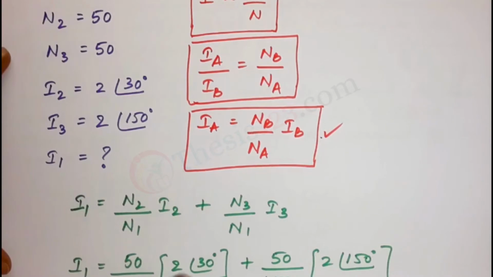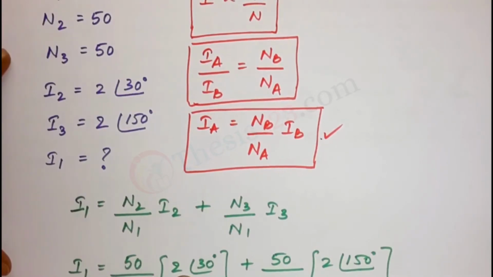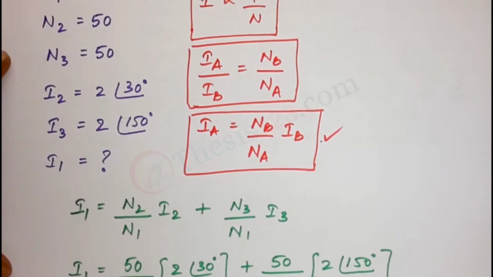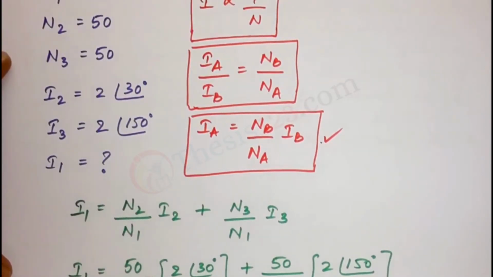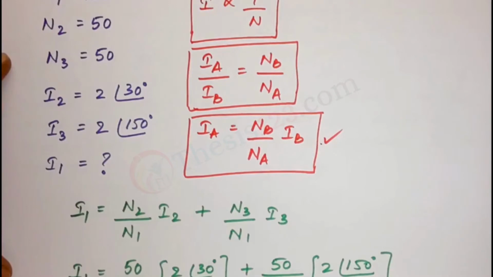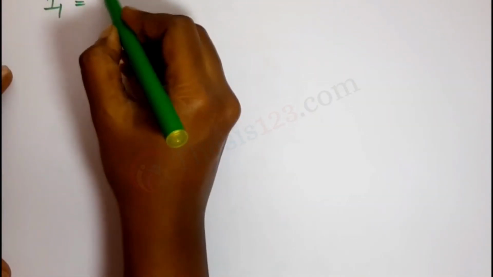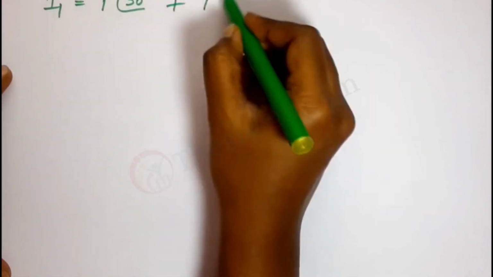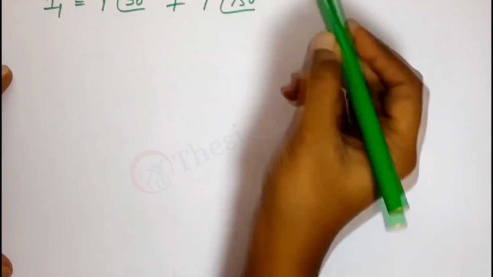So 50 by 100 into 2, that's 1. And we are left with just the angles, 1 angle 30 and 1 angle 150. I'll note it down here. So we now have I1 is equal to 1 angle 30 plus 1 angle 150.